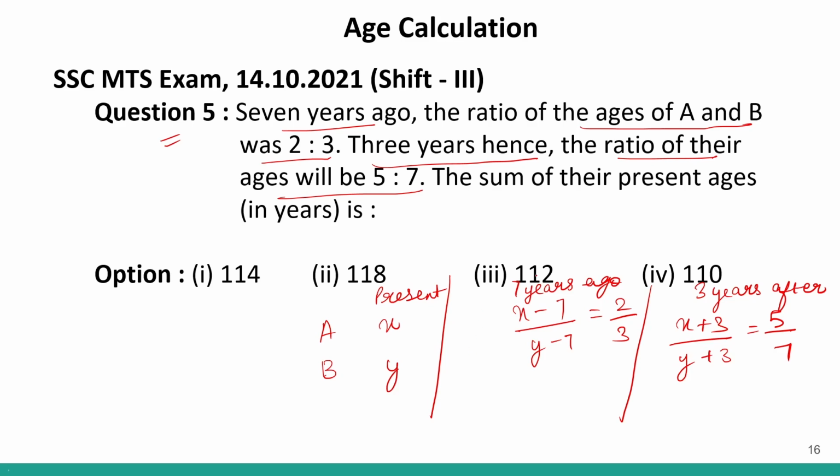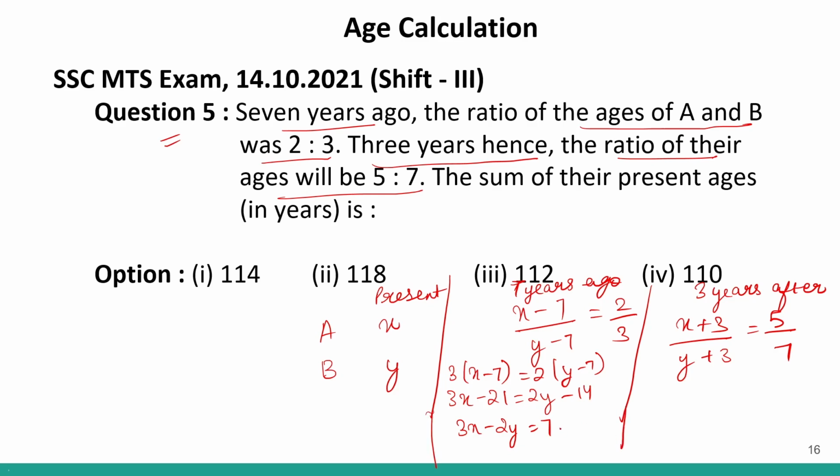Yes. So first I am solving this one. If I take 3 over here, this will be 3 into (x minus 7) equals 2 into (y minus 7). So this will be 3x minus 21 equals 2y minus 14. So 3x minus 2y, if I take 21 this side, will be equal to 7. This will be my first equation.